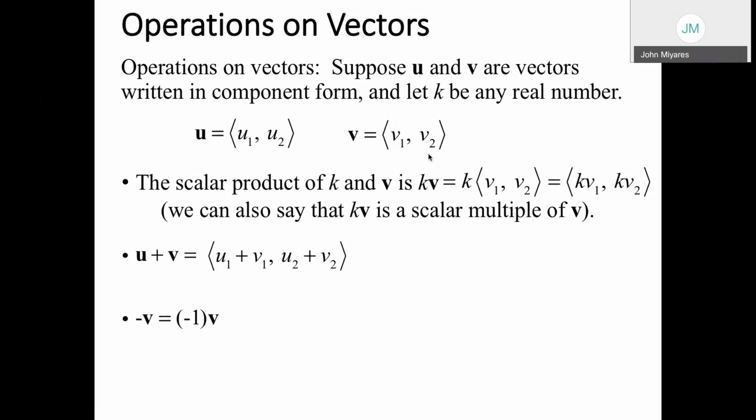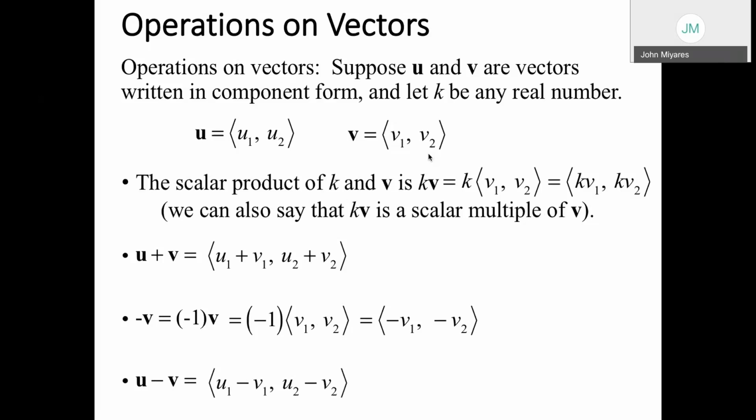So if vector v had components v1 and v2, vector negative v would have components negative v1 and negative v2. Finally, if we wanted to subtract two vectors, vector u and vector v, you could just subtract the corresponding components as shown here.